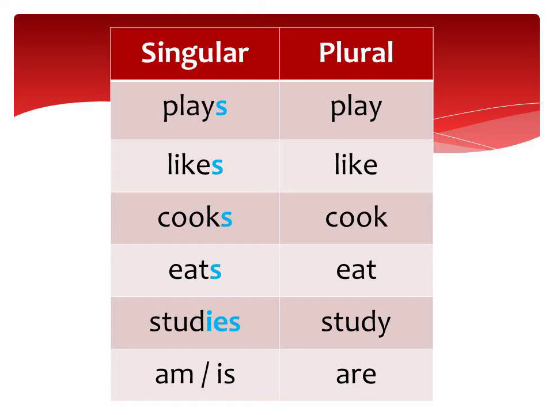So, they become plays, likes, cooks, eats, and studies. Ang plural form ng verb, walang S. Ang singular form ng verb, may S. We also have the be verb, such as am or is for the singular, and are for plural.